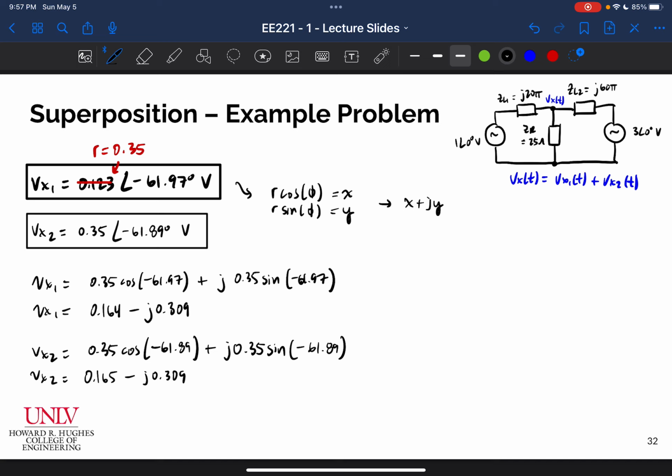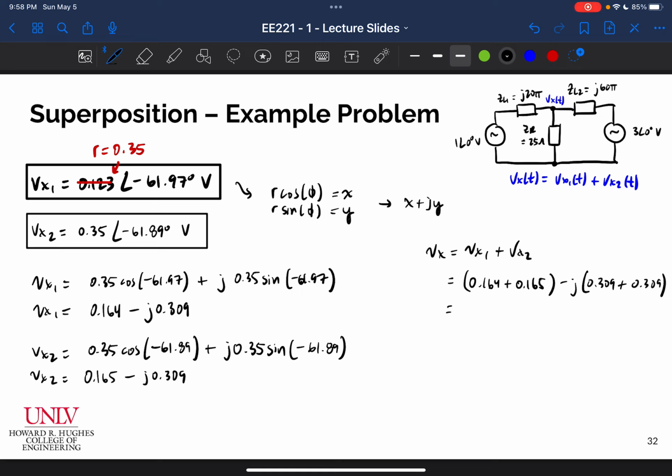So my final value for Vx is going to be Vx1 plus Vx2, which is going to be equal to, so I can basically add the real parts, 0.164 plus 0.165, plus j, or I guess I can just do minus j, times 0.309 plus 0.309.